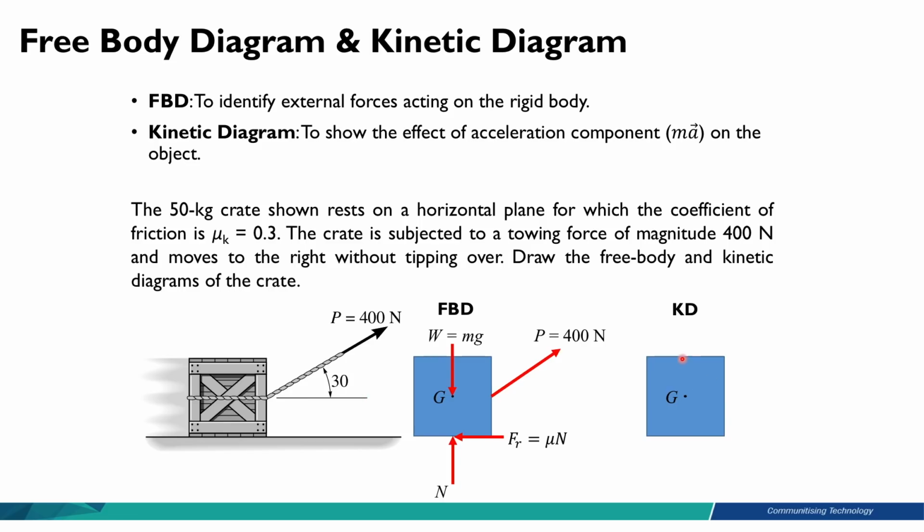So in our kinetic diagram, we draw an arrow pointing to the right, and we say that this is m times a of x, which is denoting the acceleration component ma, because the acceleration component ma is not present in y-axis. We only have the acceleration component in x-axis. And this completes our kinetic diagram.